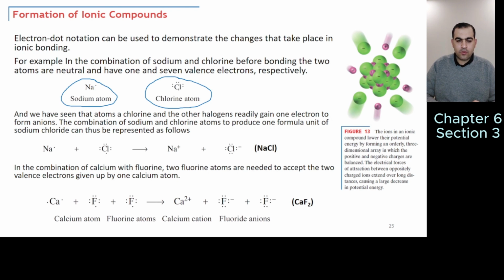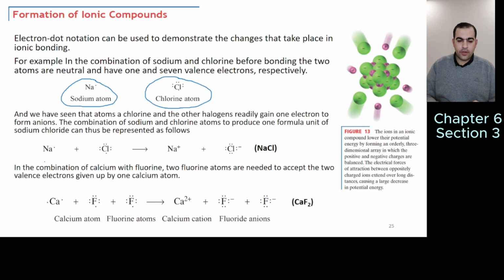We write the symbol and a dot for sodium. For chlorine, which has 7 valence electrons, we write 7 dots around the symbol. Now it's the electron dot notation for 2 individual atoms of sodium and chlorine. But after bonding, what happens?